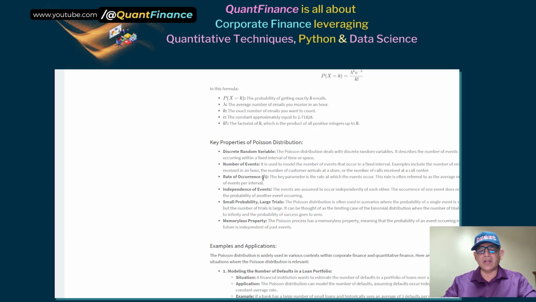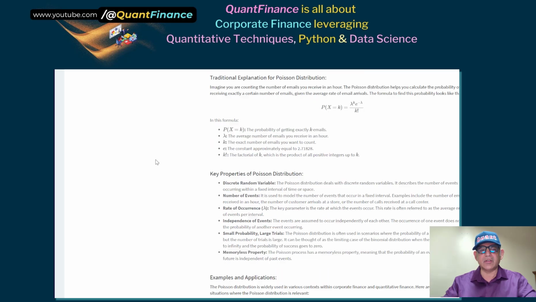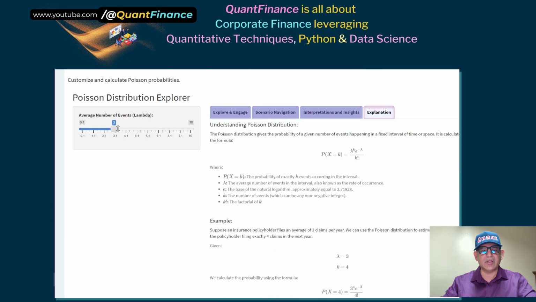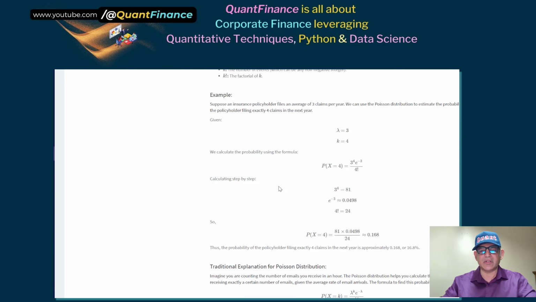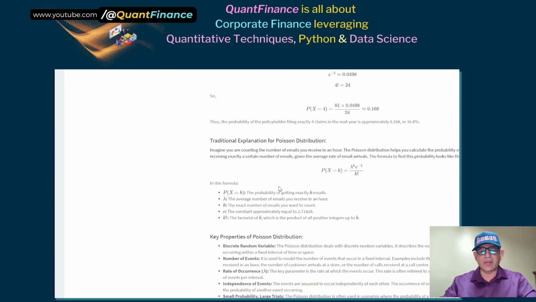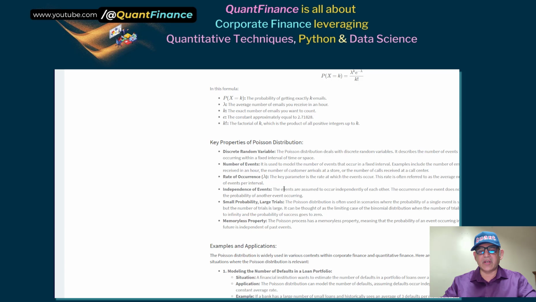And this rate of occurrence is called lambda. So the only parameter that you need in the Poisson distribution is the average number of events, and this is lambda. Of course, this is an average, so this is the mean of the distribution. Another feature that we have to keep in mind is that events are independent.